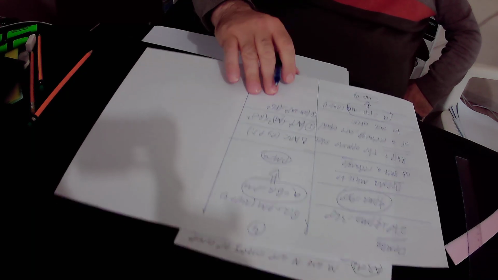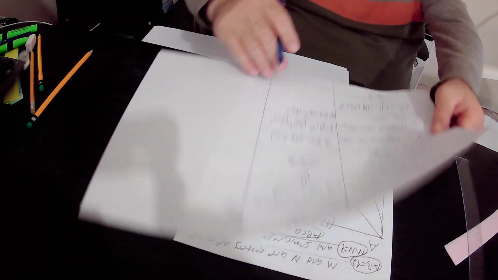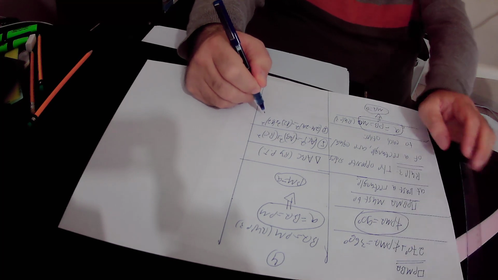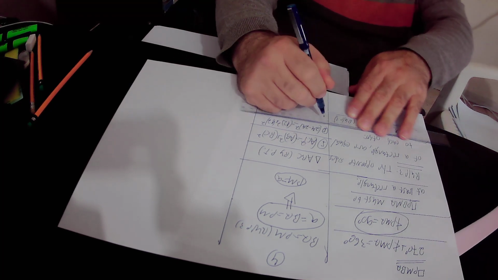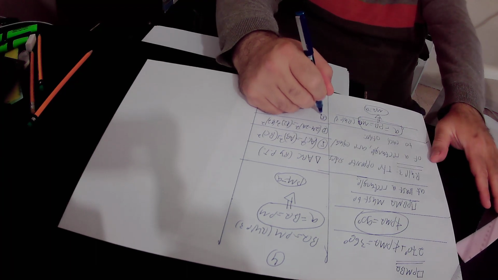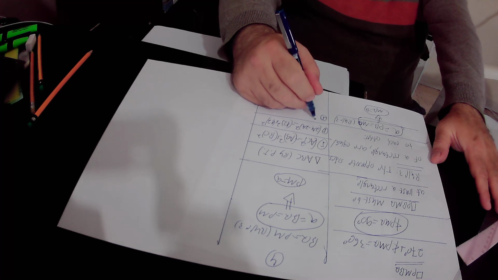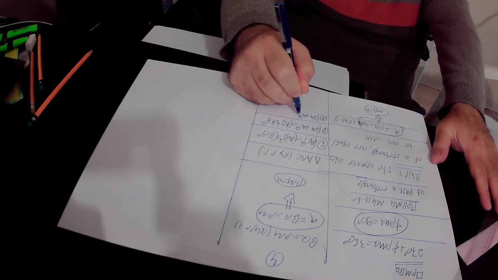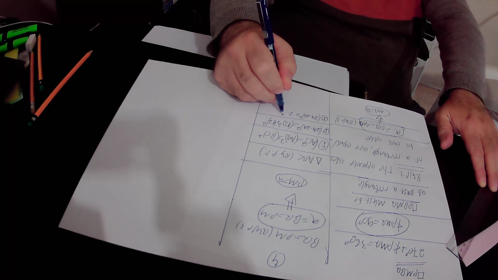BC is also 12, so BC squared will also be 12 squared. So, according to equation number 1, (24 minus 2A) squared equals 12 squared plus 12 squared, which is 2 times 12 squared.